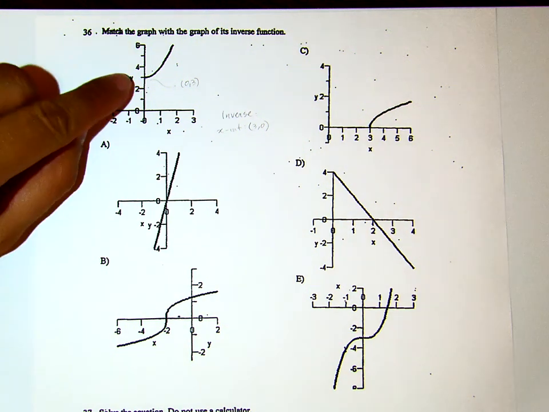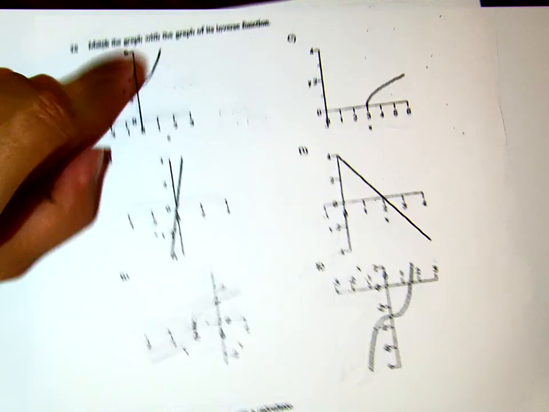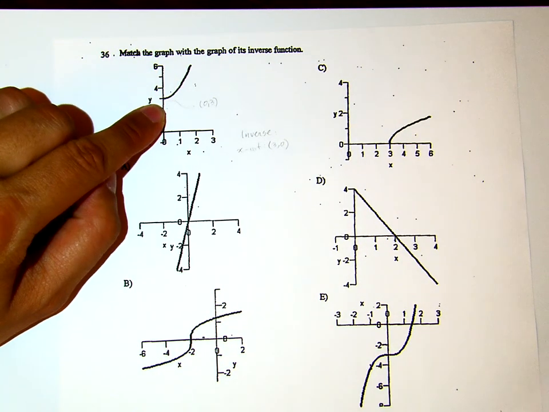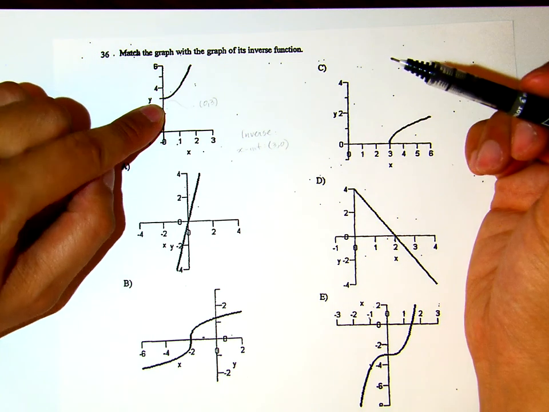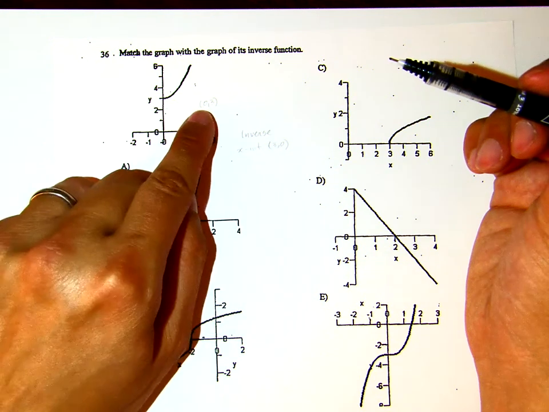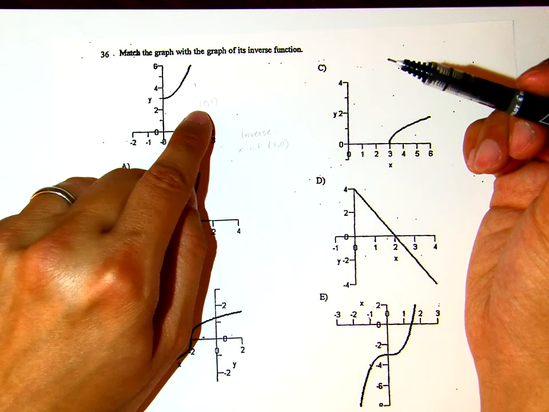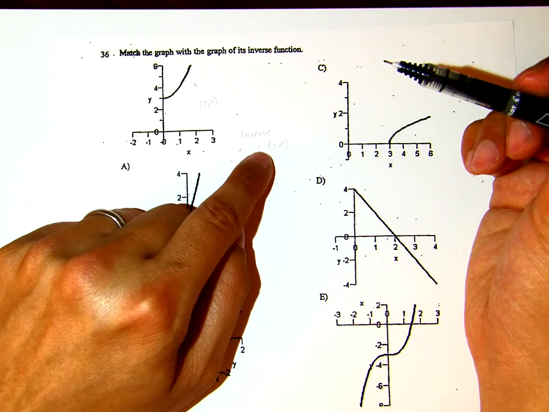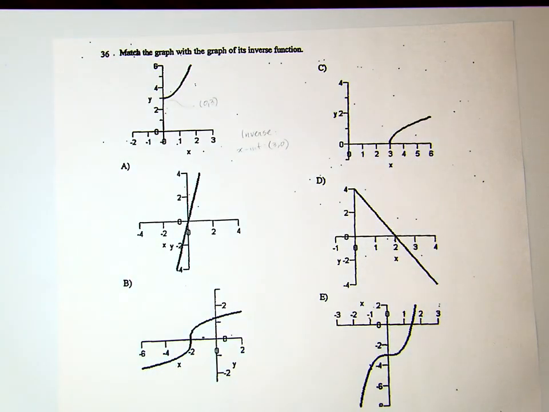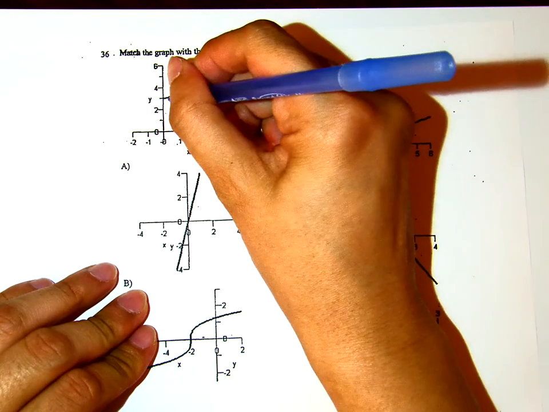So if I have y-intercept here 0,3, then I can use that information. In my inverse function, it will be the x-intercept, not the y-intercept anymore, and then you swap 0,3 and it becomes 3,0.